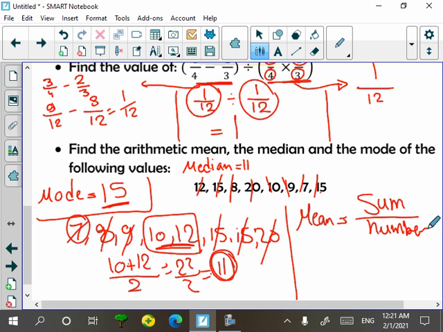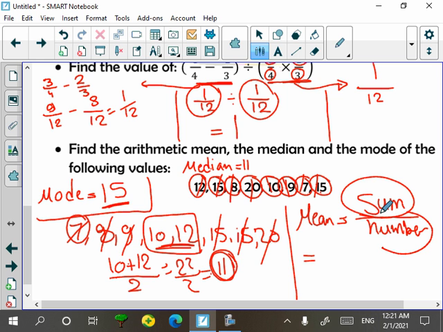We will write the fraction: 12 plus 15 plus 8 plus 20 plus 10 plus 9 plus 7 plus 15, divided by the count of numbers, 1, 2, 3, 4, 5, 6, 7, 8. Then the answer equals 12.